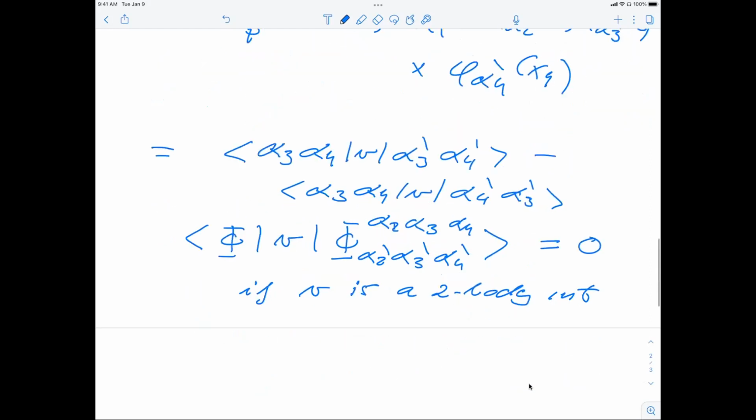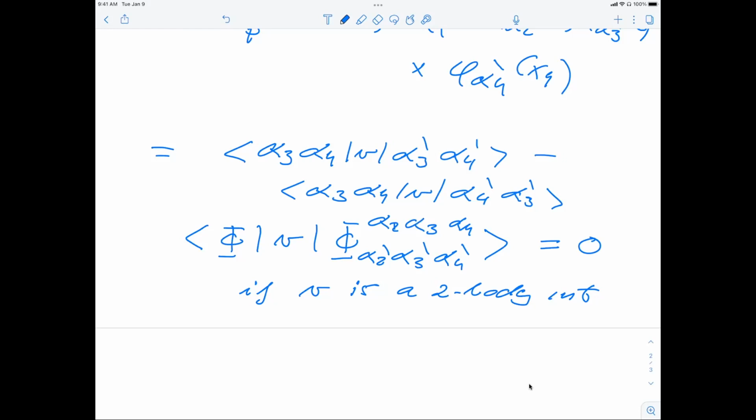So if you compare two Slater determinants, and you see that they differ by more than two single particle states, and you have a two-body interaction, you can automatically set that contribution to zero. And typically, as I mentioned yesterday, the way you would encode this information about the determinants is to rewrite them in terms of bit strings.